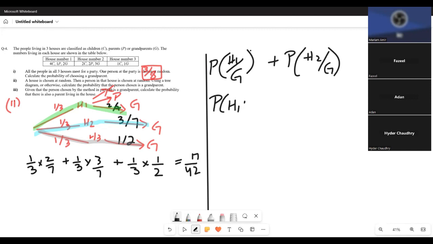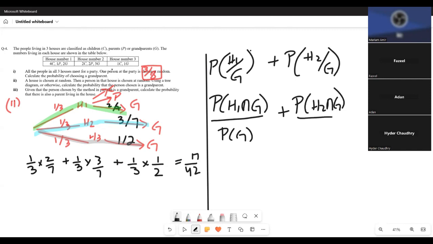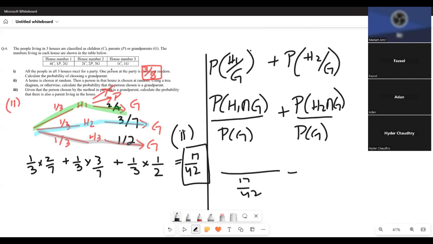Probability of H1 and grandparent upon probability of grandparent plus probability house 2 is selected and grandparent is selected upon probability of grandparent. Probability of grandparent हमने इधर निकाला हुआ part 2 में. So denominator तो दोनों का वही आ गया 17/42 प्लस यहाँ पे भी 17/42. Okay.